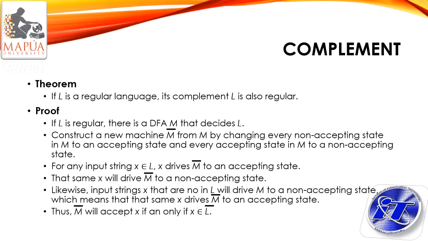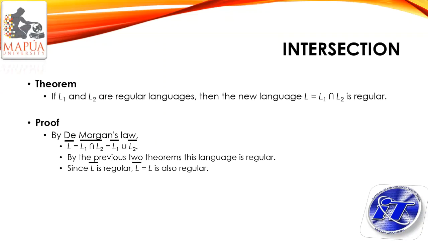So the complement language will be regular. For intersection, if L1 and L2 are regular languages, then the new language L, equal to L1 intersect L2, is also a regular language. We all know that intersection is what is common between sets, and it's the same here. For the proof, using De Morgan's law, we complement both sides, the new language and its equivalent.